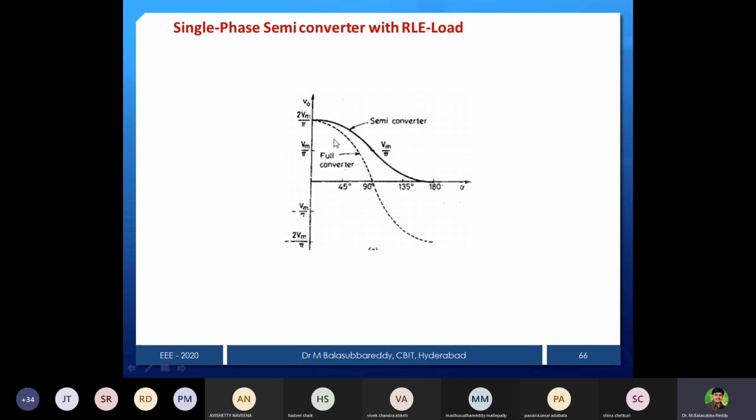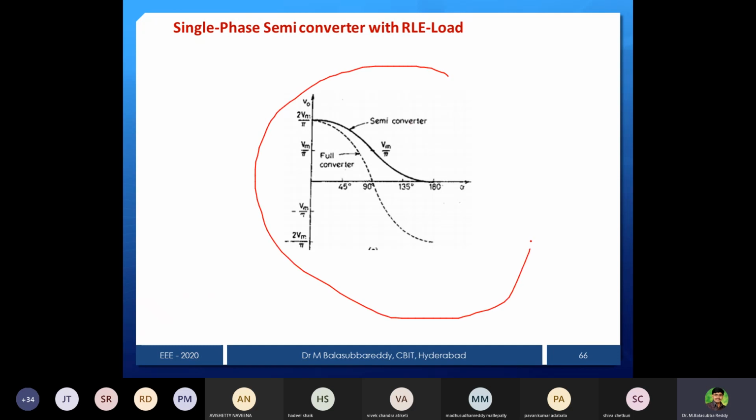Whatever alpha you keep, 0, 90 or 180, the maximum is 2 Vm by pi at alpha 0, gradually decreasing, and at 90 degrees it will give Vm by pi, and at 180 degrees we get 0, because cos 180 is minus 1, so 1 minus 1 will be 0. So this is the comparison between the semi converter and the full converter.